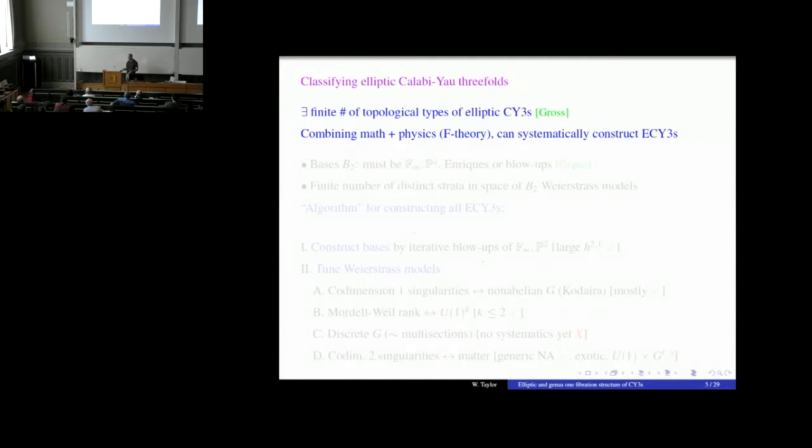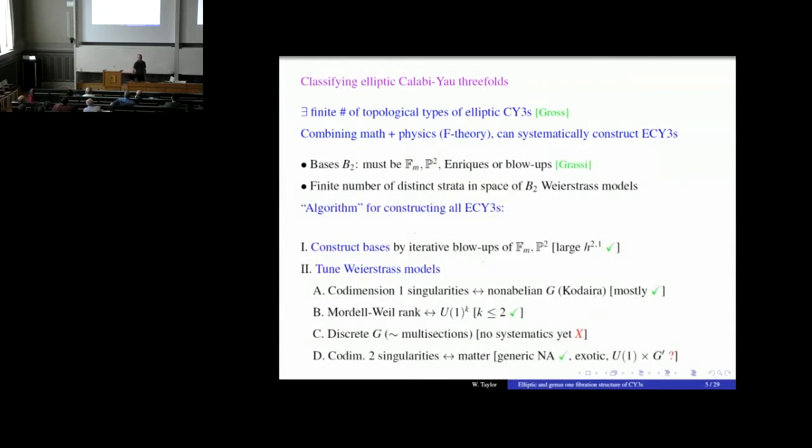And again, using some intuition from F-theory and some mathematics, we can systematically construct these elliptic Calabi Yau threefolds. Antonelli Grassi showed that the base supporting the elliptic fibration must either be a Hirzebruch surface Fm with m less than or equal to 12, P2, or the Enriques surface.